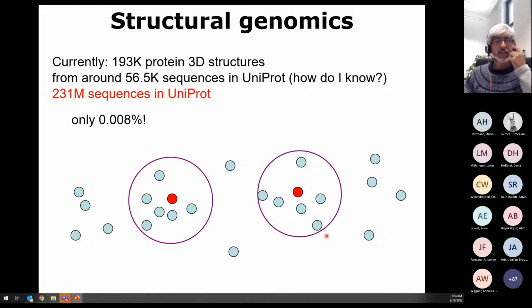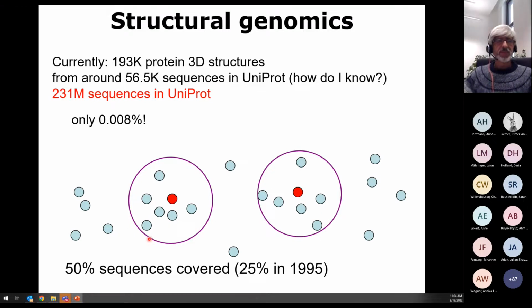And you can imagine that intuitively, if the identity is very high, then the structures will be very easy to predict and will be very similar. And in the borderline, it will become hard. And so right now, we could say that more or less half of the sequences in the database can be predicted.